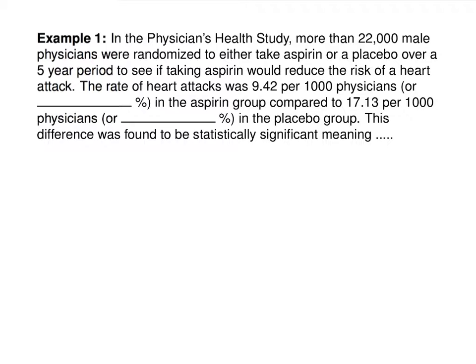And the rate of heart attacks was 9.42 per 1,000 physicians, or what percent? So what's 9.42 divided by 1,000? 0.942% in the aspirin group, compared to 17.3 per 1,000, which is 1.713% in the placebo group.